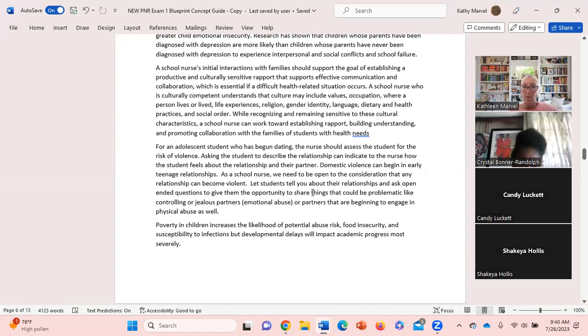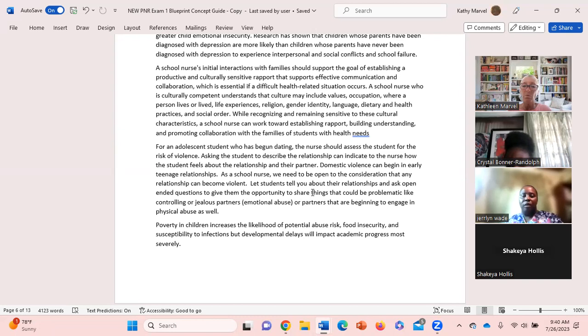Describe the relationship, right? Open to any, establish trust with them and have an open relationship with them, to build trust.